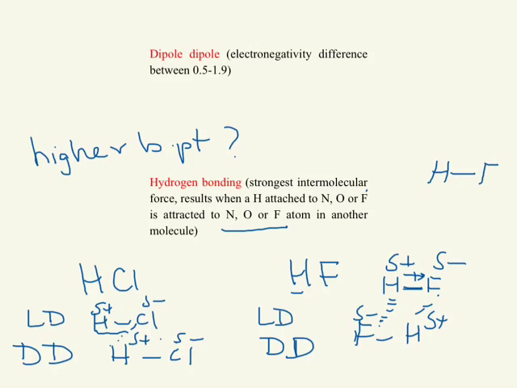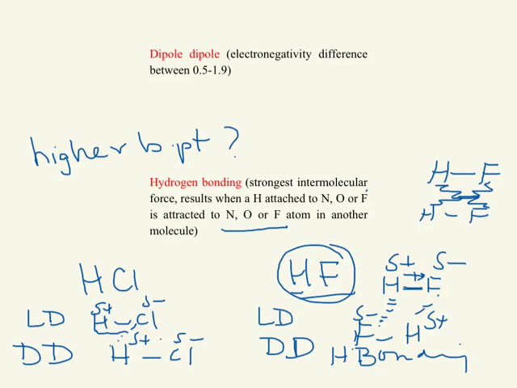If we take two HF molecules here, this hydrogen can make a hydrogen bond with fluorine, and this hydrogen can make a hydrogen bond with fluorine. So this one has hydrogen bonding also. Which one has more intermolecular forces? HF. Which one has the strongest intermolecular force present? HF. So HF is going to have a higher boiling point than HCl.